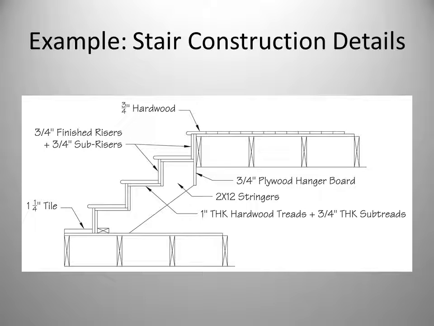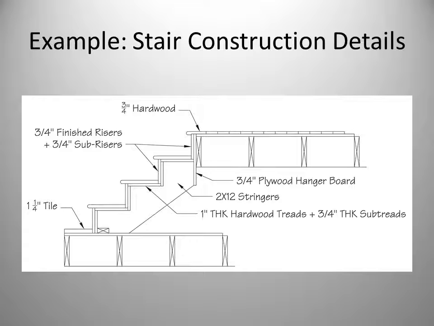Here's how we're going to build our stair. As I mentioned in the previous slide, we have 3/4 inch hardwood going on the top floor. We have 1.25 inch thick tile going on the bottom floor. On our stairs, we have 3/4 inch finished risers and 3/4 inch sub risers.